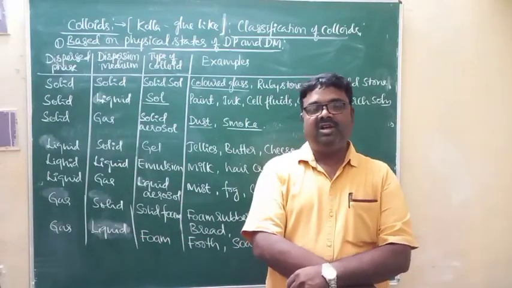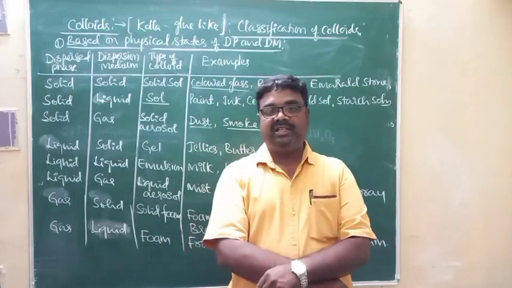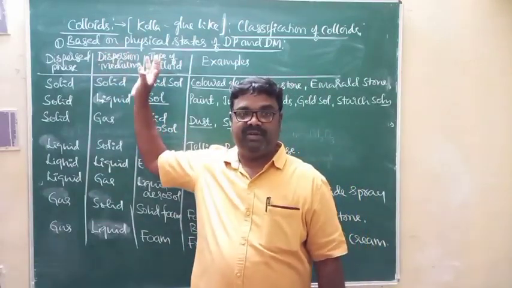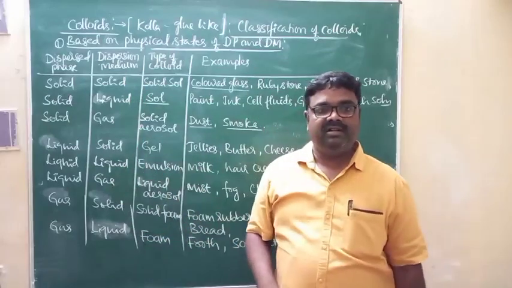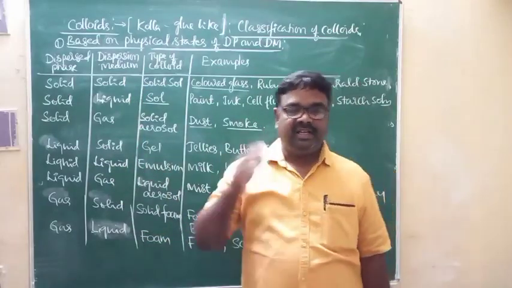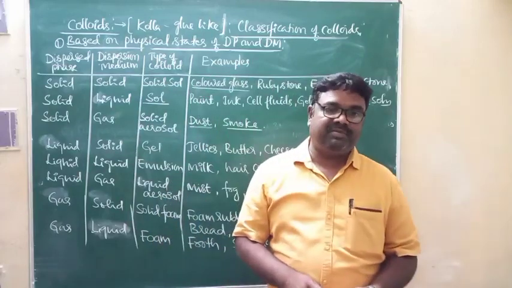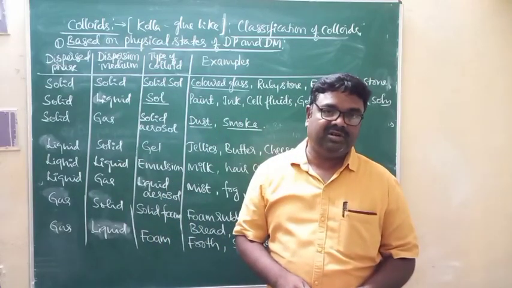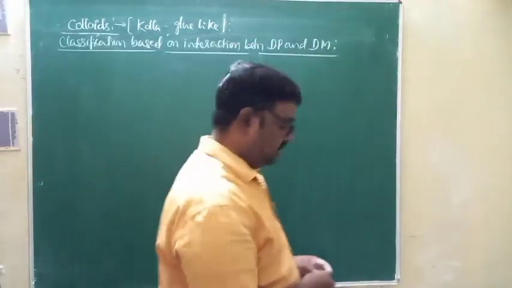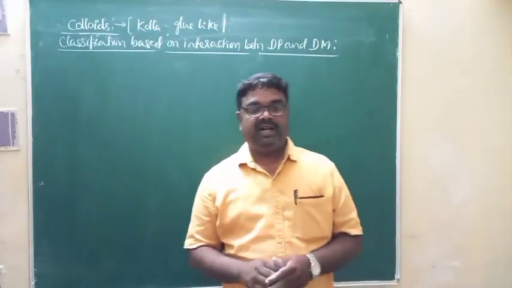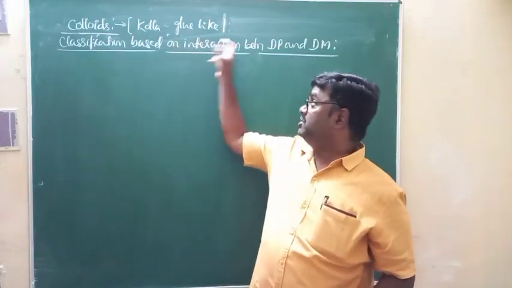This is one way of classifying colloidal systems based on the physical state of the dispersed phase and dispersion medium. Now we'll see the next topic, classification based on the interaction between the dispersed phase and dispersion medium. So let us see one more type of classification based on the nature of interaction between the dispersed phase and dispersion medium.